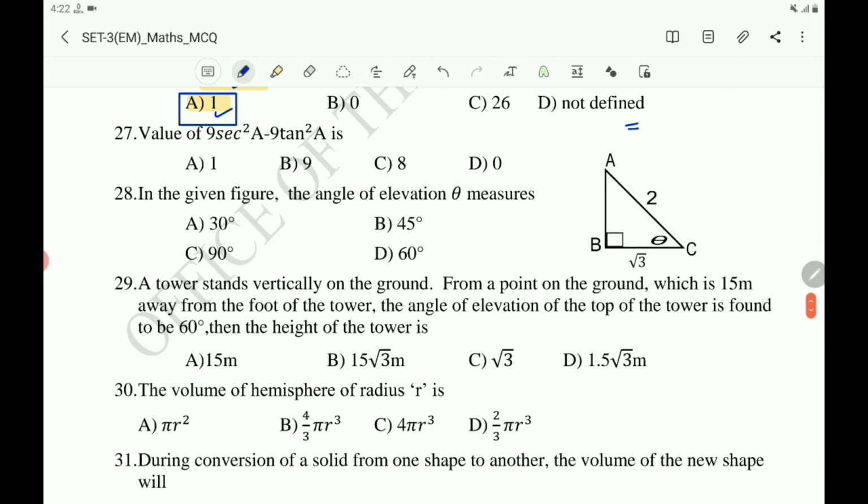Then you take the question number 27. Value of 9 secant square A minus 9 tan square A is. Here 9 is common.